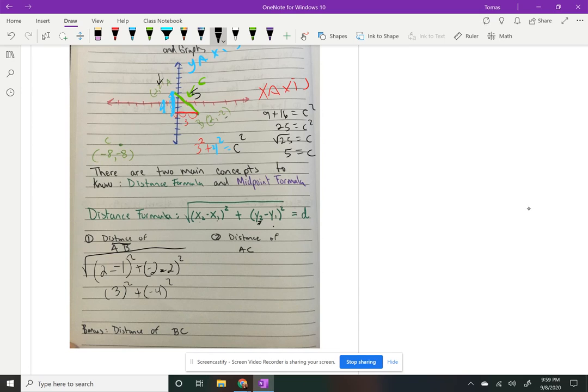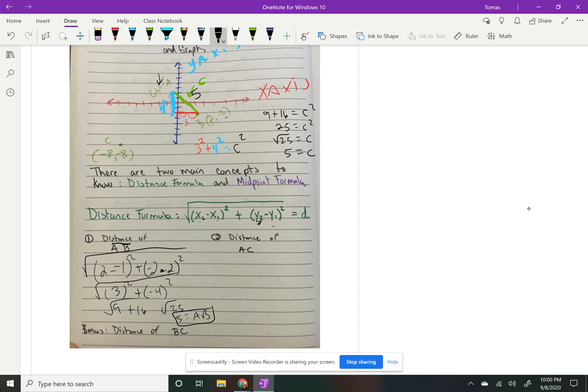Notice these numbers are almost identical. Then we get 9 plus 16, 25, so we get 5, which is the distance. So it's the same. The only difference is that this is a negative 4 and before it was a 4.